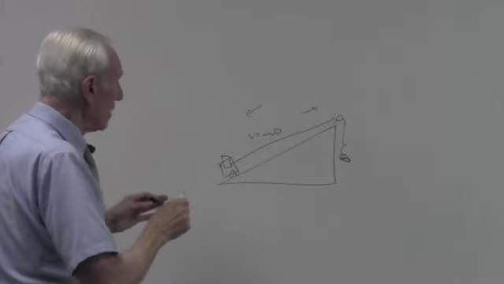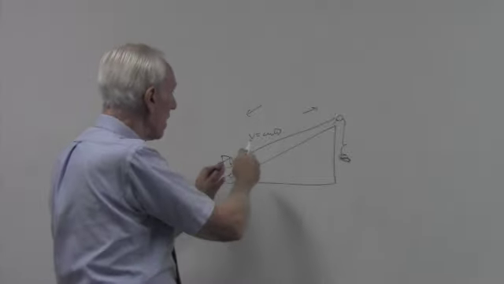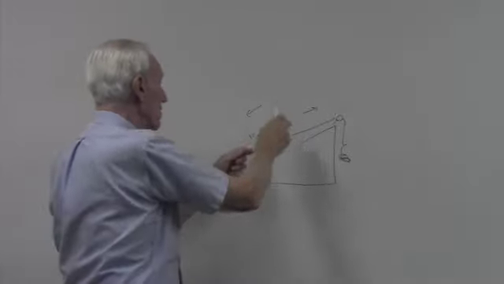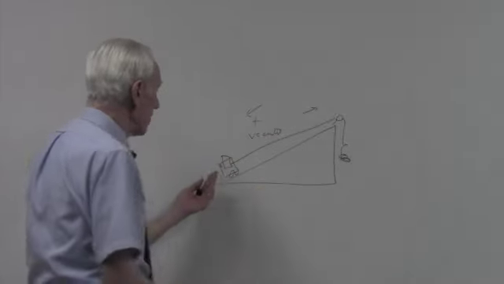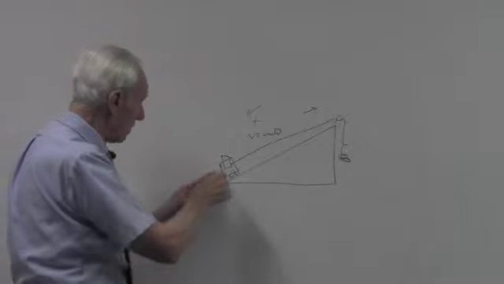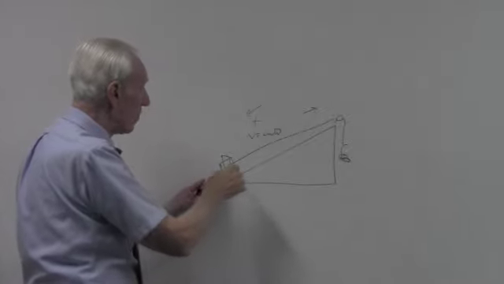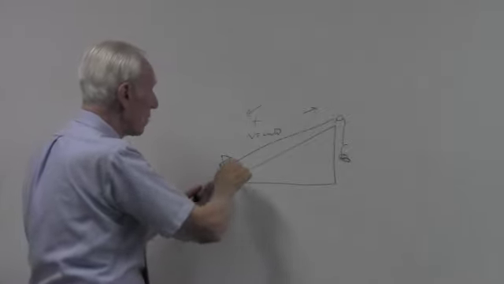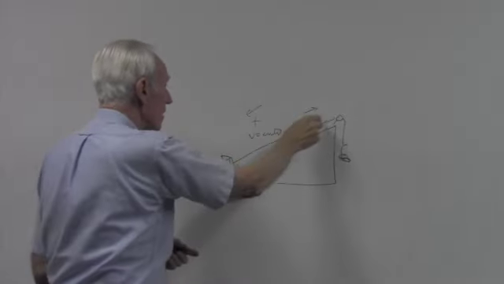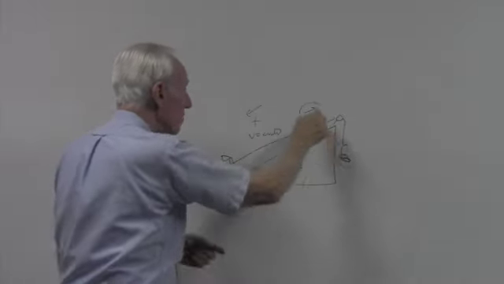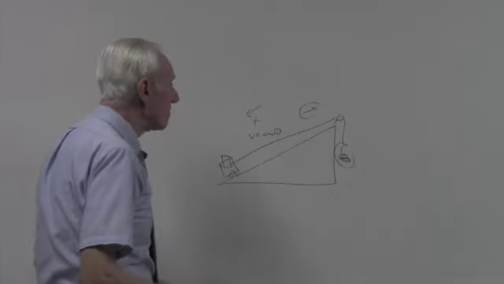So, when you're pulling the cart up the incline, friction is going to be acting this way. And you're going to have to add more mass here to overcome friction, more so than if there were no friction. And on letting it back down, you actually have friction working with you, keeping it from going down faster.